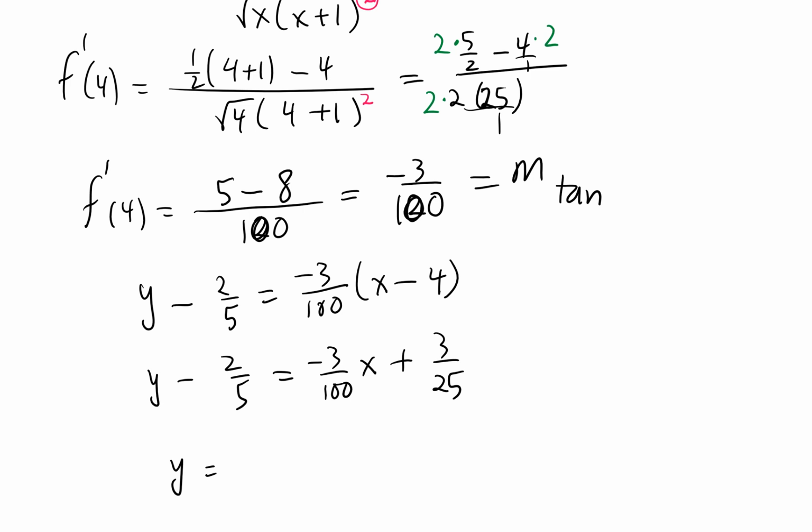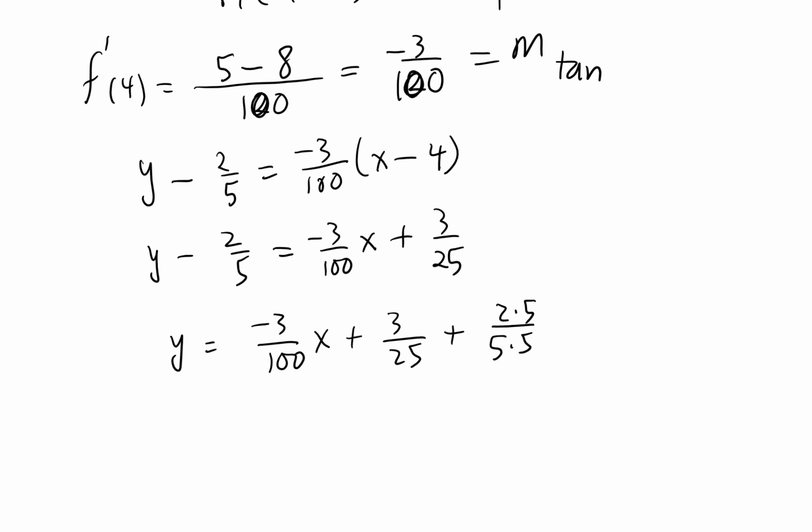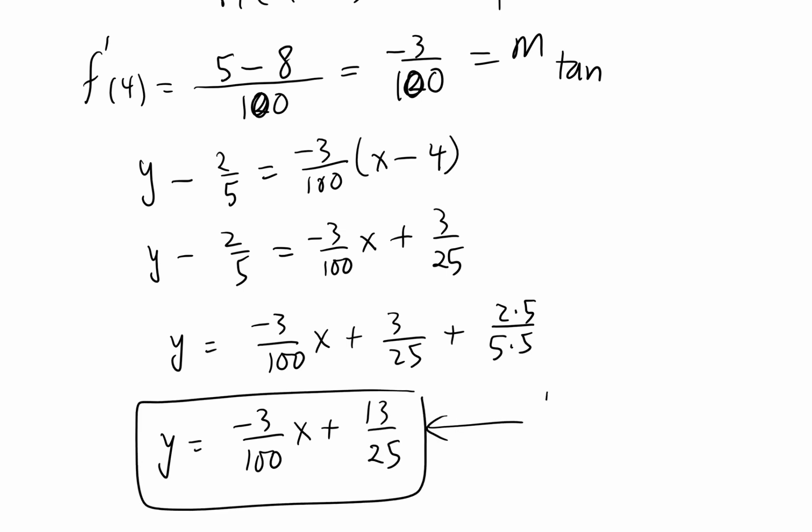Then add 2 over 5 in. 3 over 25, add 2 over 5, multiply by 5 by 5. That will give us negative 3 over 100 x plus 13 over 25. That's the answer for the tangent line. Now we need to find the equation of the normal line.